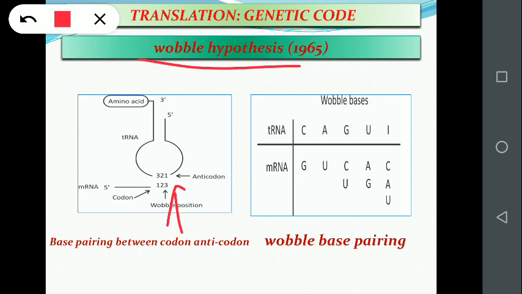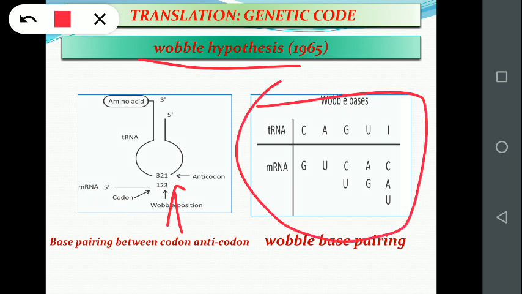Because of that flexibility, the first base in the anticodon may interact with more than one different base in the codon. Therefore, more than one codon may be recognized by only a single anticodon base.